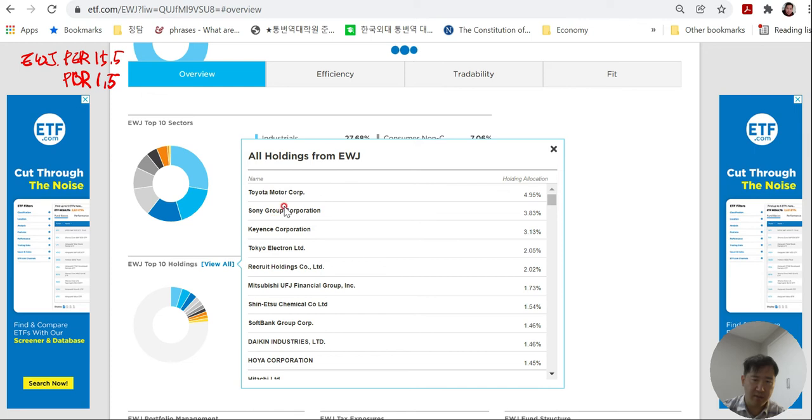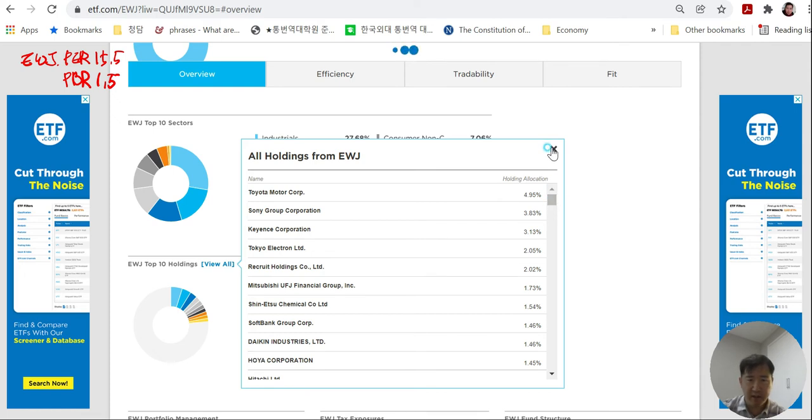Keyence, it's related to robotics. Tokyo Electron, related to semiconductors. Recruit Holdings is a comparatively platform company of recruiting. Mitsubishi Financial, this is finance. Shin-Etsu Chemical, SoftBank, it's a sort of an investment company now.